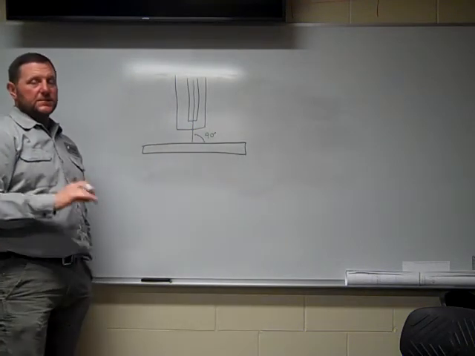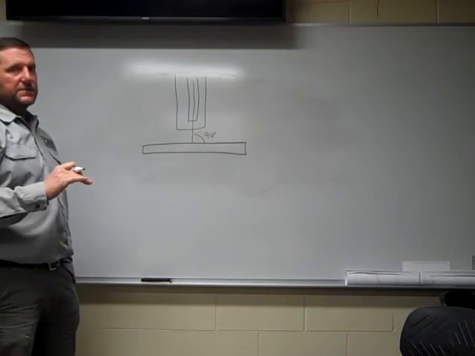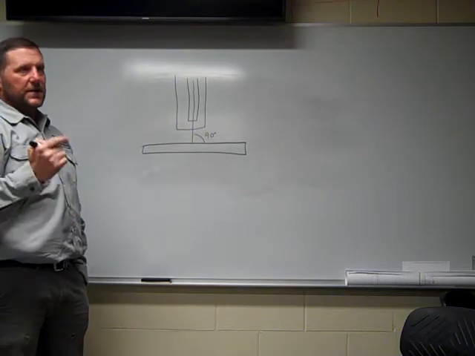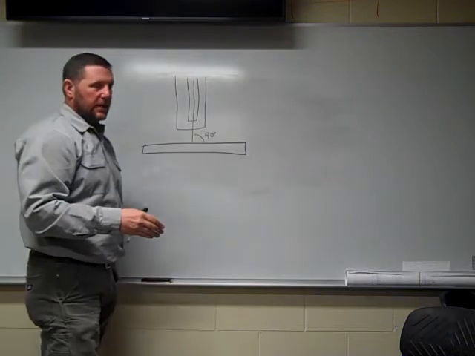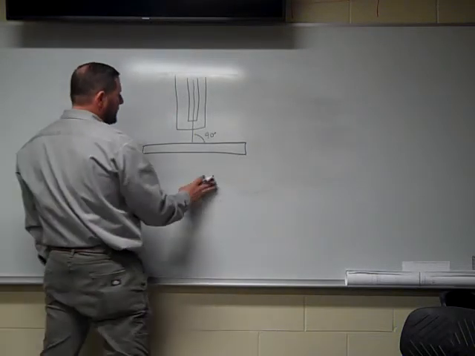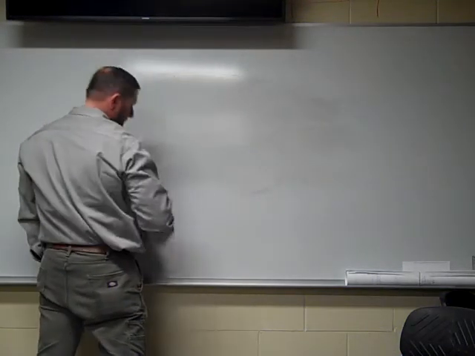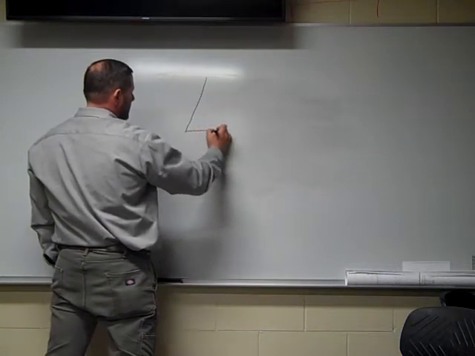This also determines what process. Once you get these gun angles figured out, you'll see that they carry over into a lot of your other welding processes. Doesn't matter if it's flux core, shielded metal arc welding, TIG welding. Typically, what we recommend is roughly about a 15-20 degree angle.